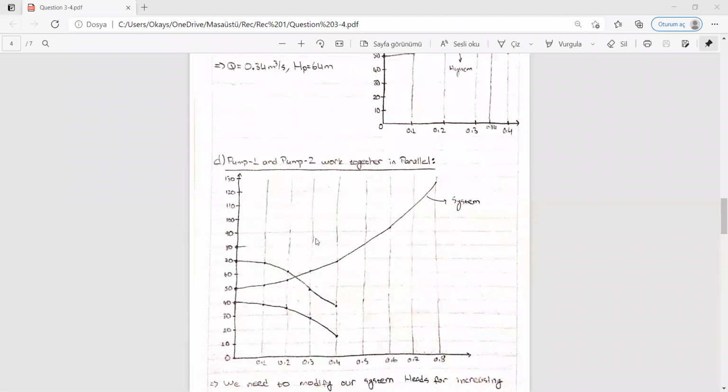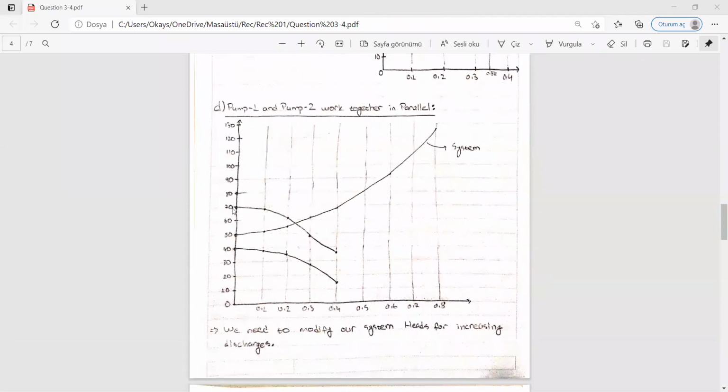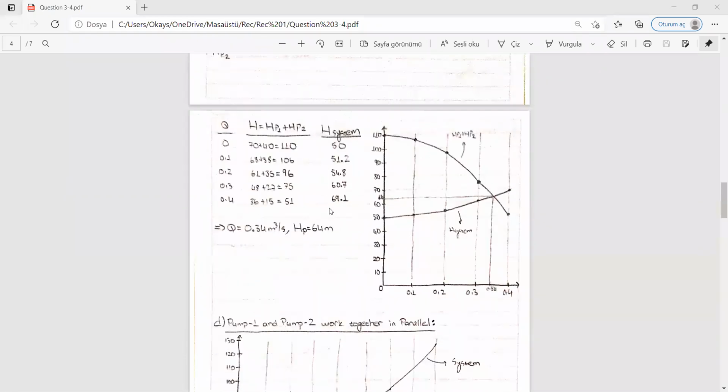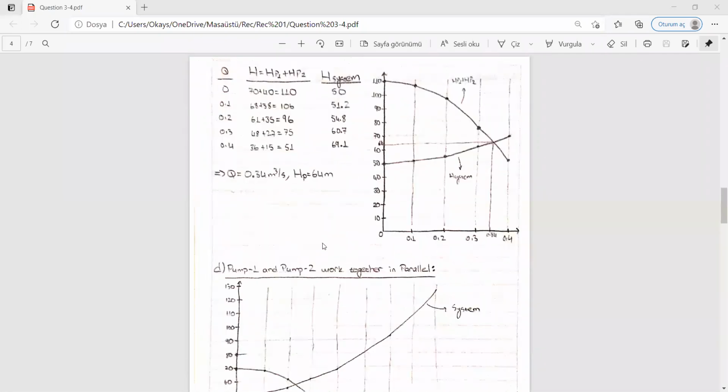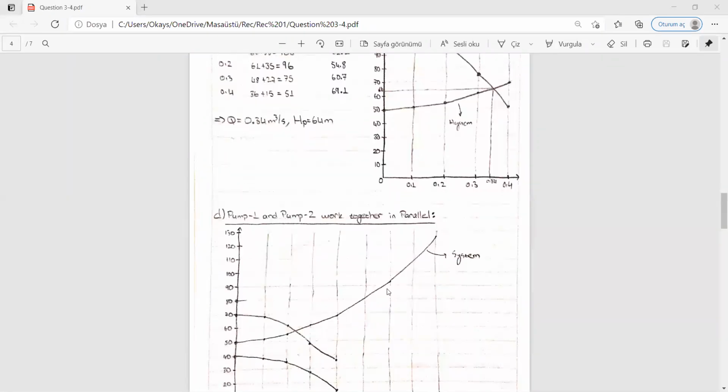Once you draw this graph after the calculations, you get this for the first pump, the second pump, and the system. The system is changing now because, as you know, when two pumps work together in parallel, the discharge increases.